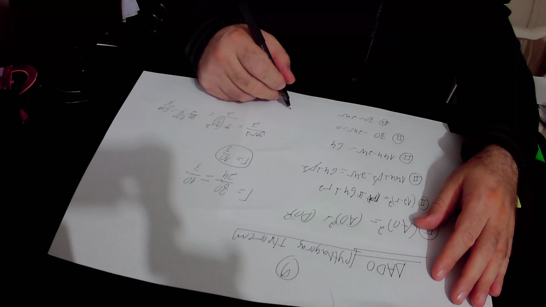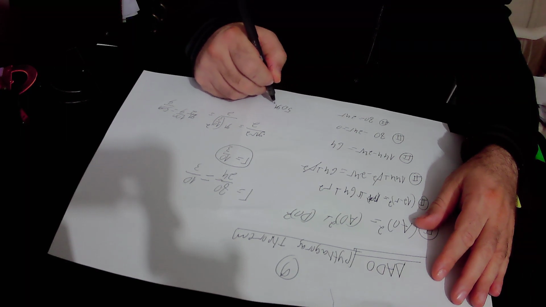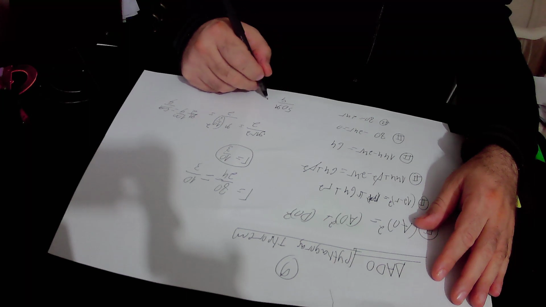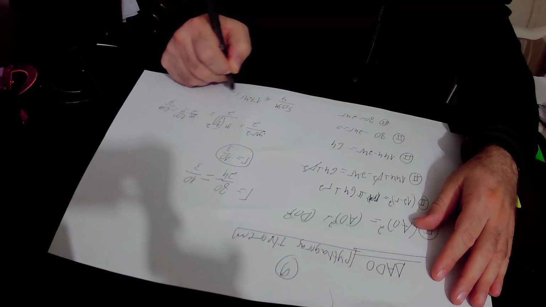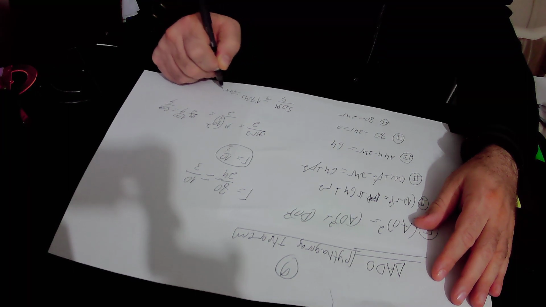So we found that the area of the semicircle, according to the second method, equals 50 pi over 9 square units. In terms of numbers, it equals 17.45 square units.